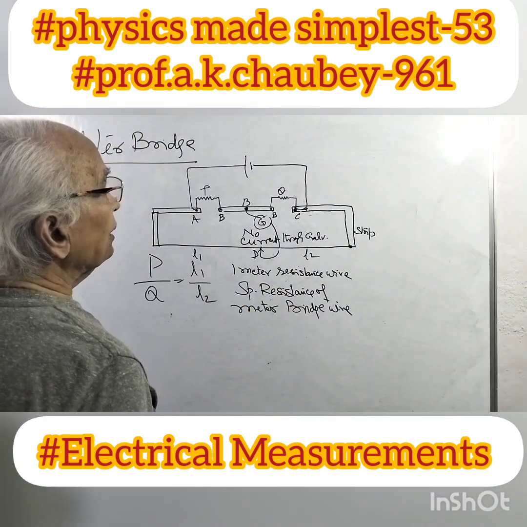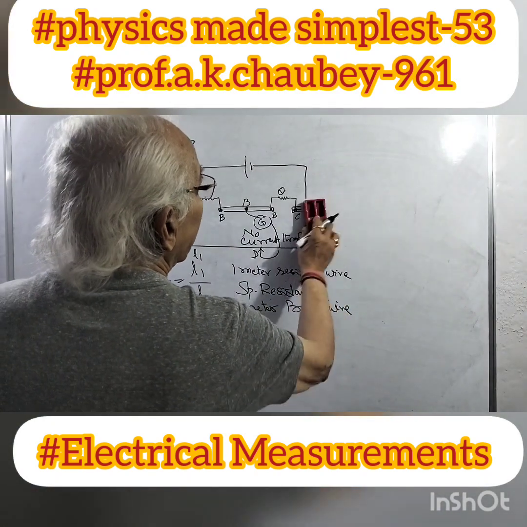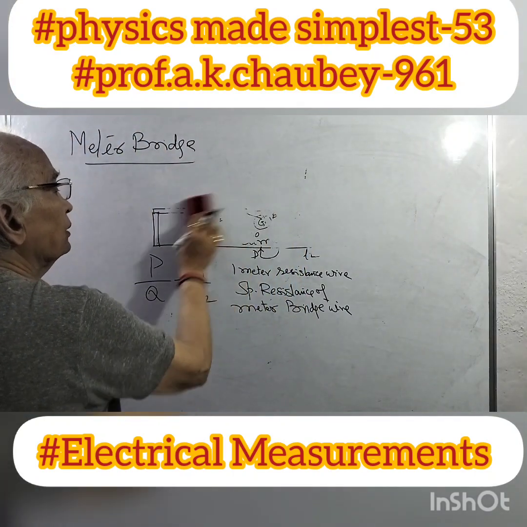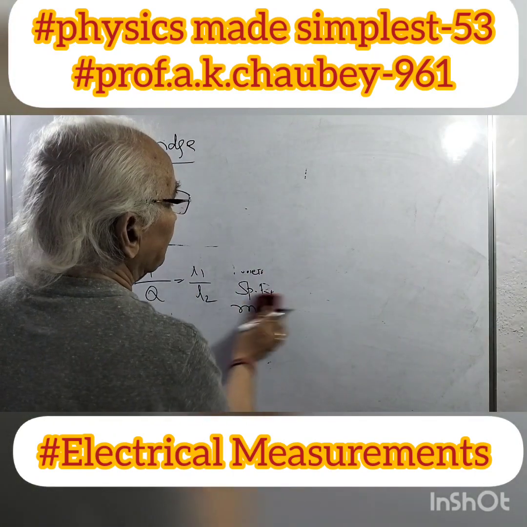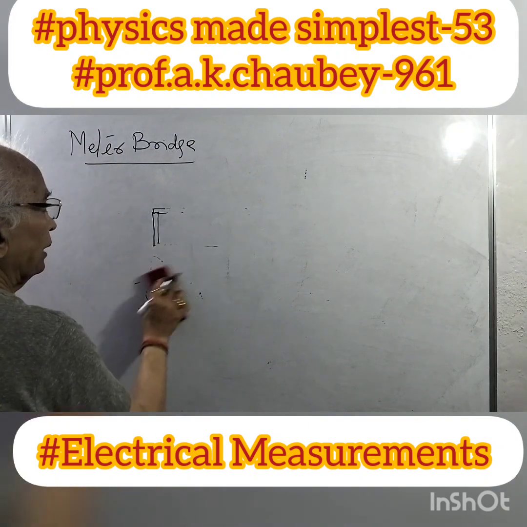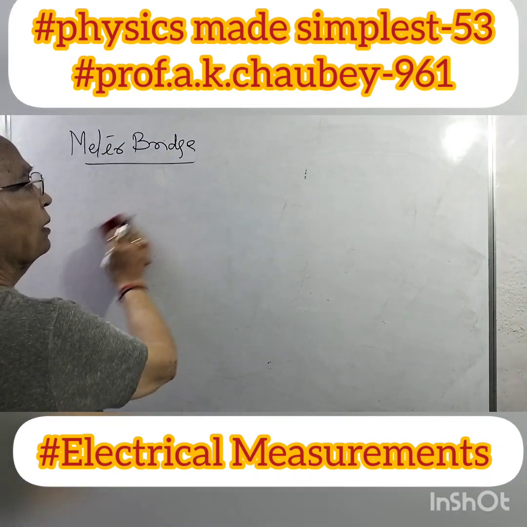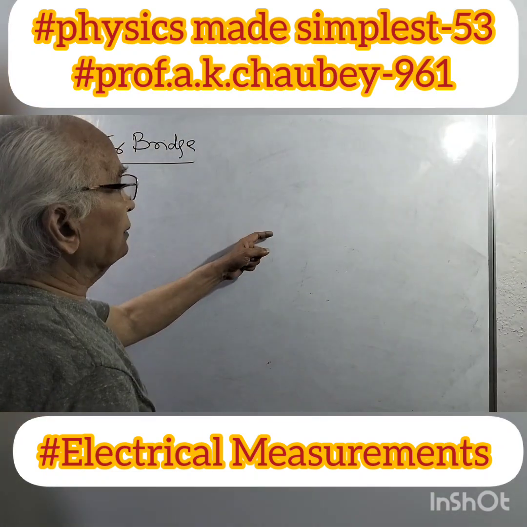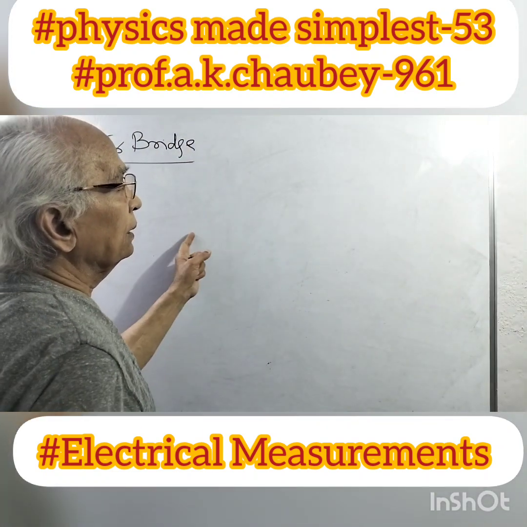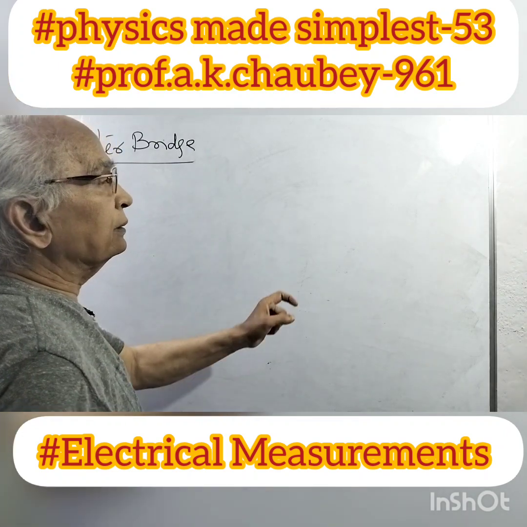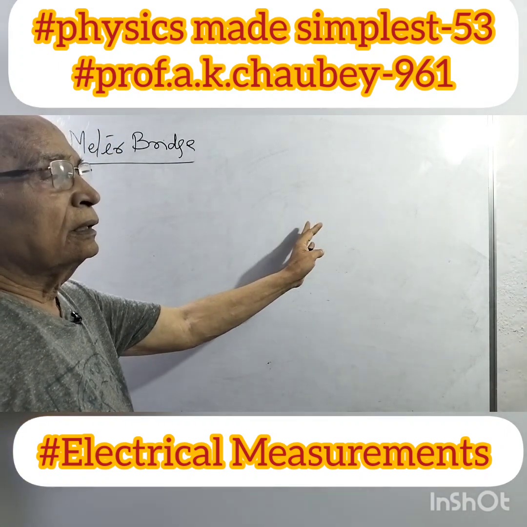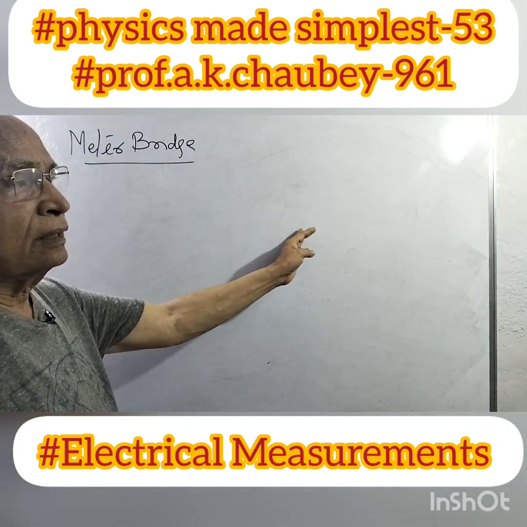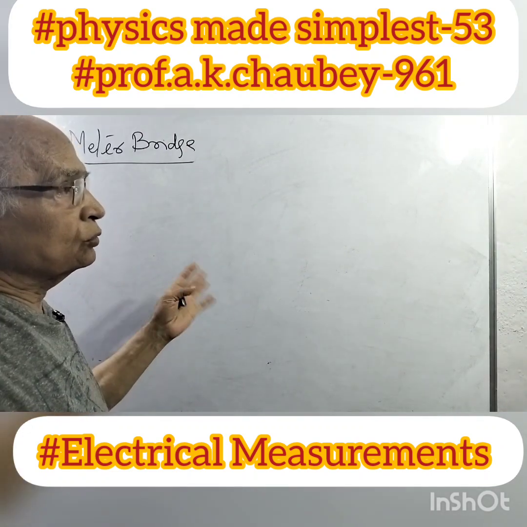So the meter bridge is based on the principle of the Wheatstone bridge to get the specific resistance of any resistance you connect. If you want to have, say, an unknown resistance, then you connect it in any branch where P and Q are connected.